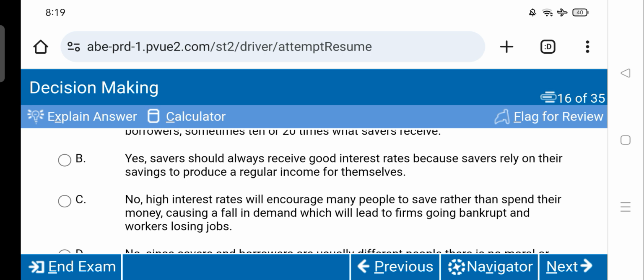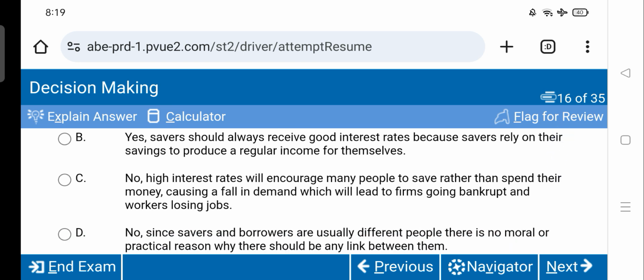Option B, yes, savers should always receive good interest rates because savers rely on their savings to produce a regular income for themselves.